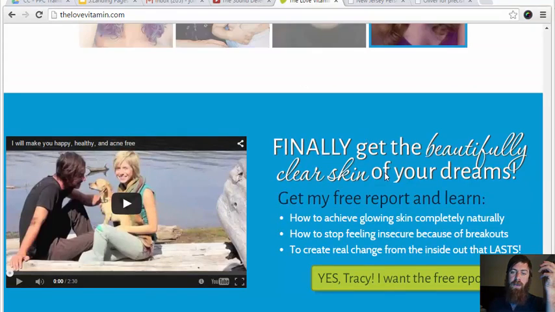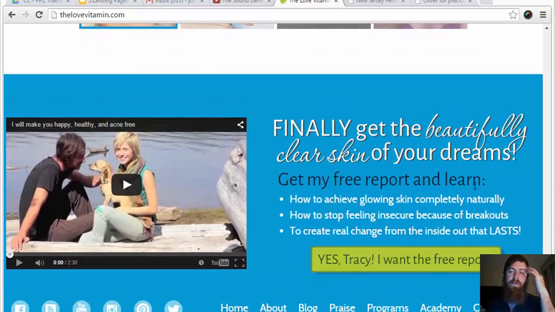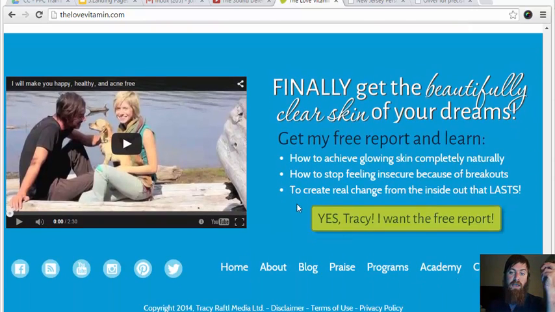To use some specific solutions for the love vitamin, a benefit feature pair would be, so we have how to achieve glowing skin naturally. This would be the benefit, and then you'd have some feature, by using plants you can find in your garden. How to stop feeling insecure because of breakouts using one small meditation technique.